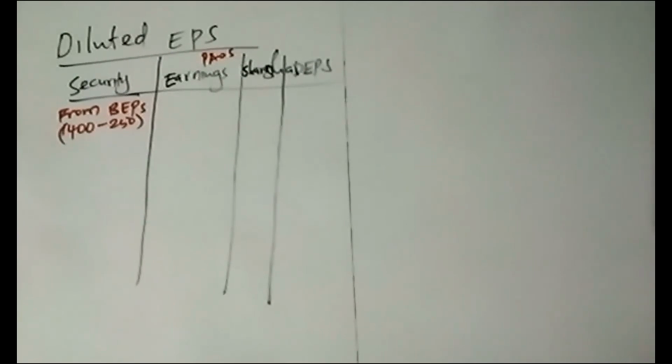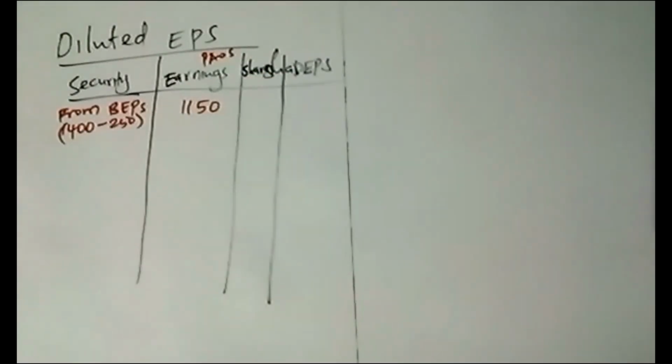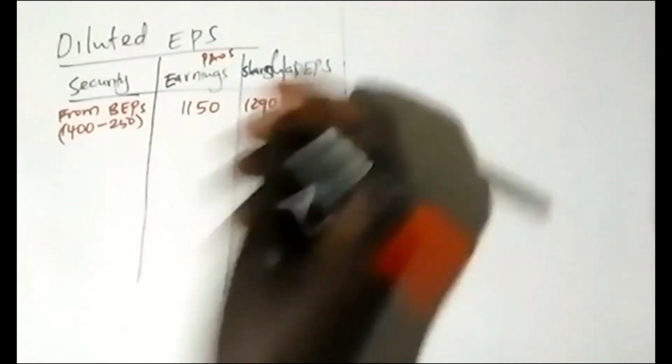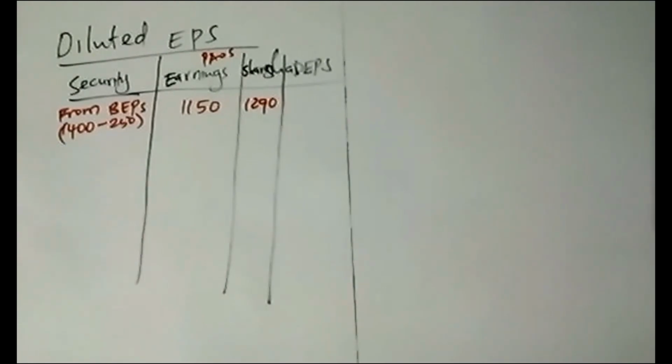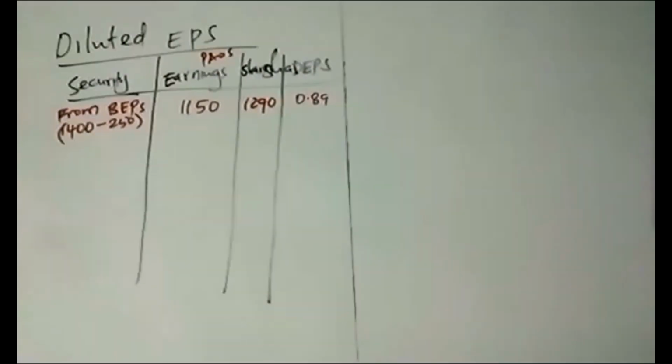The answer is 1,150. So I say this one was 1,290. So if you take 1,150 divided by 1,290, we get 0 point.